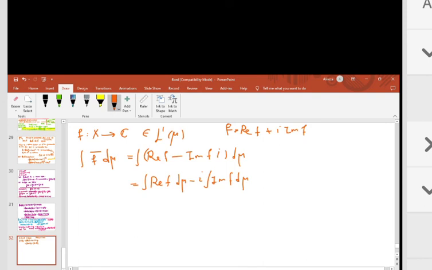On the other hand, this is equal to the conjugate of this complex number. Please note that this is a complex number.